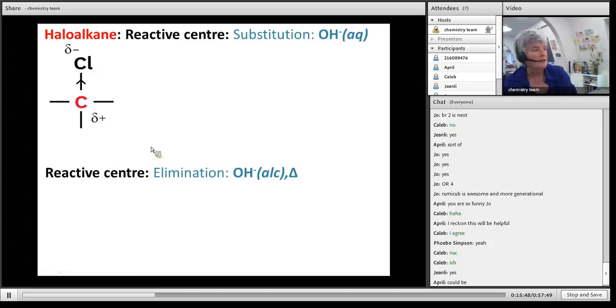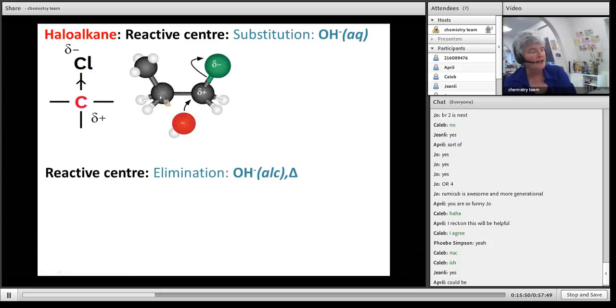So if I now expand my haloalkane, there's my negative and there's my slightly positive area. My negative is going to approach and form a bond, and my chlorine is going to get kicked out as a chloride. I'm trying to show that the electrons are going with it.